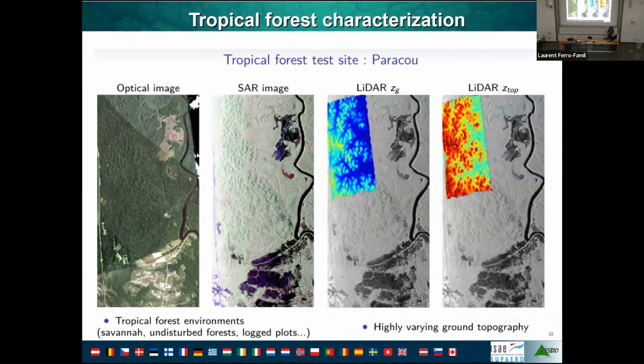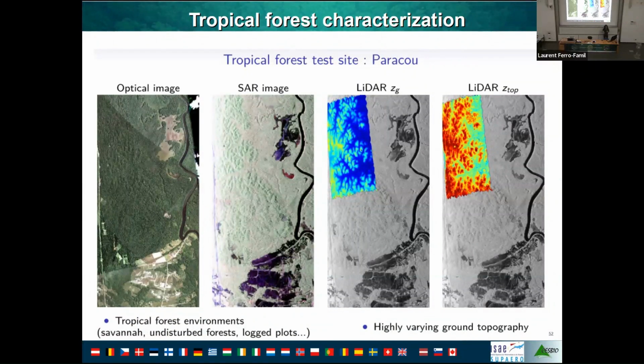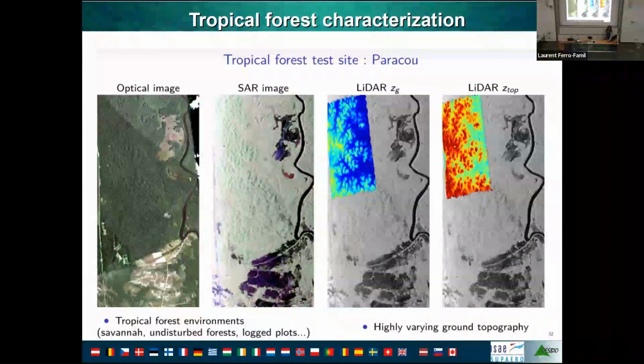Over tropical forest, you might have some surprises because very often the LiDAR cannot see the ground because the vegetation is so dense. So you have very few points over which you can be confident. And then people interpolate. When you take the LiDAR DTM and compute the slopes below the forest, you would be surprised. They look very linear. It depends on the interpolator used by the people who designed the DTM.